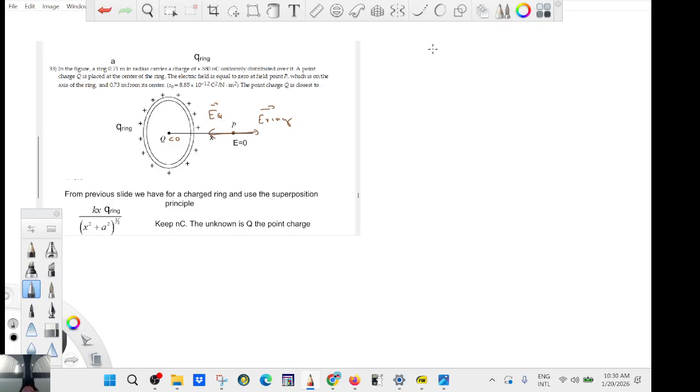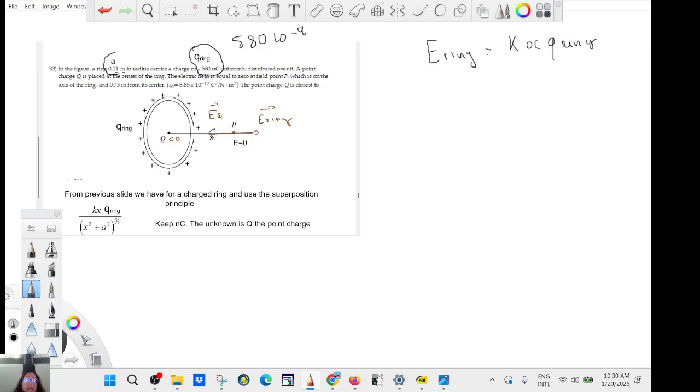Okay, so what are the equations? The electric field from the ring in magnitude is KxQ of the ring over (x squared plus a squared) to the 1.5. We have Q of the ring, 580 times 10 to the negative 9.